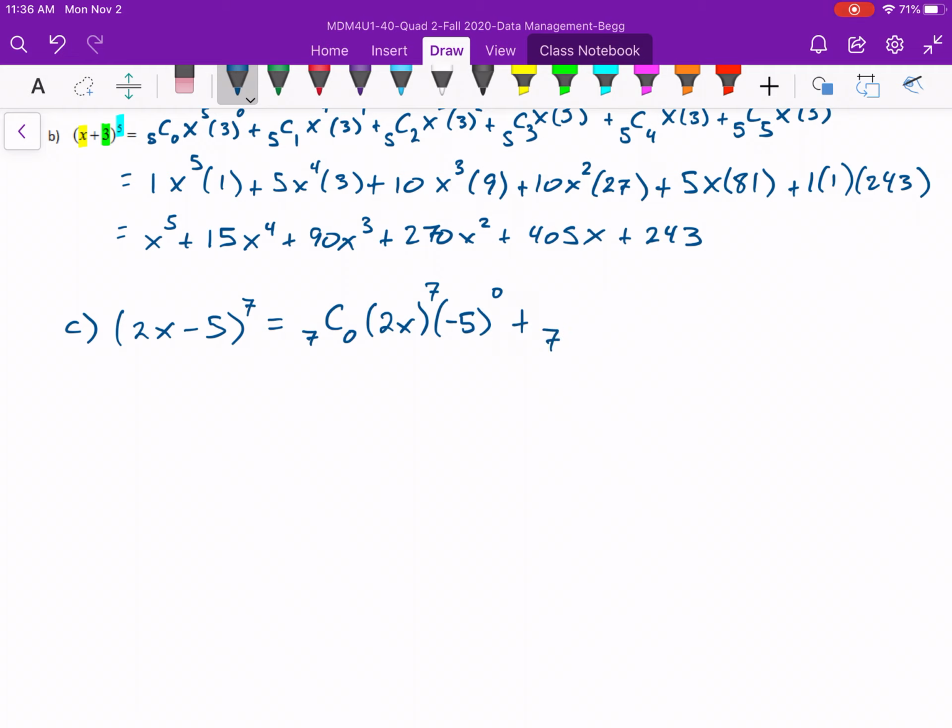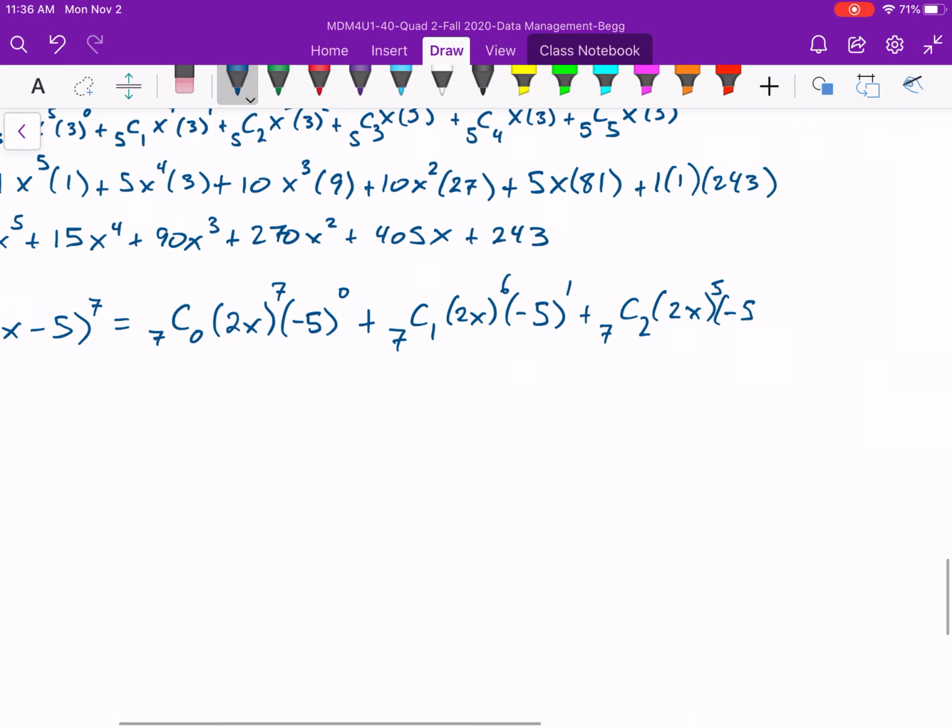Then my next term would be 7 choose 1, and it would be 2x to the 6, and it would be negative 5 to the 1. Then my next term would be 7 choose 2, and it'd be 2x to the 5, and it'd be negative 5 to the 2, and then dot, dot, dot, and so on.